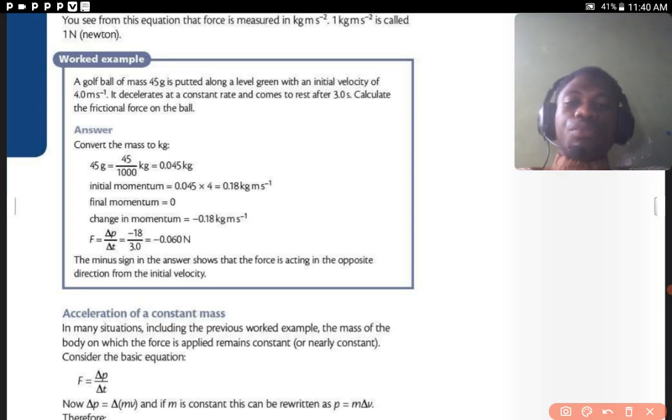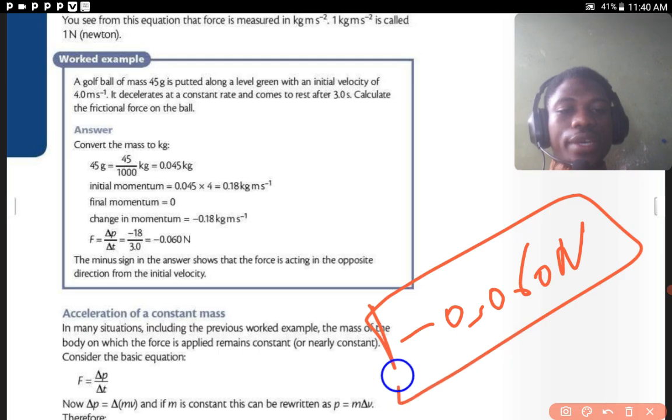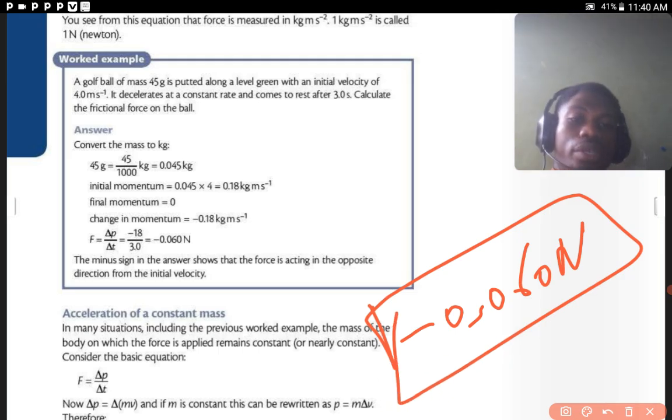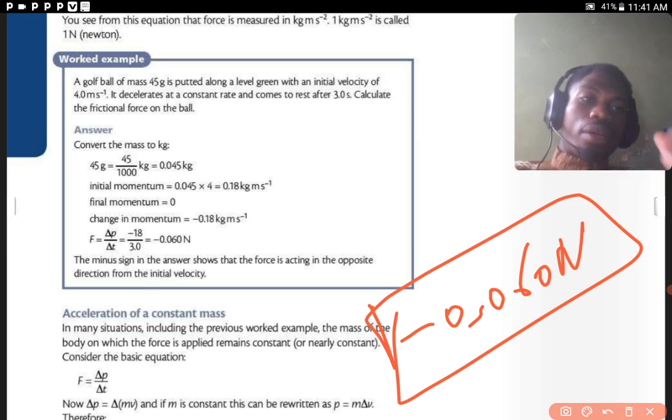Now, since our force is negative 0.060 Newton, we have to explain the meaning of the negative sign. The negative sign shows that the force acting is opposite to the direction of the velocity, or of motion.